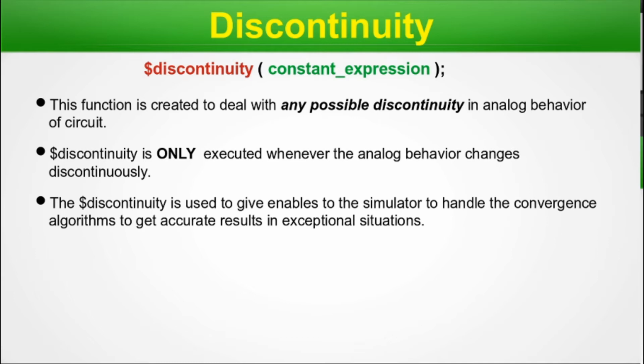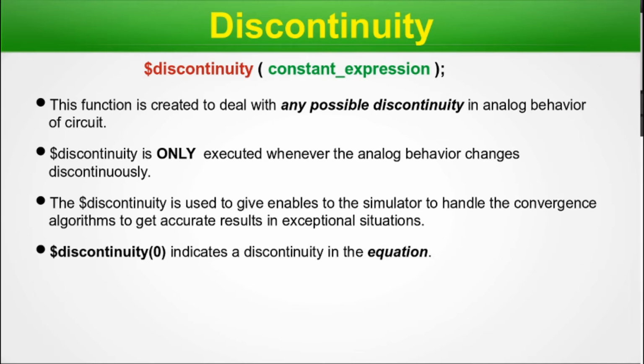Because it's an analog design, we know how and when the design will behave, and we will already know at some point that at t equal to t dash our circuit will be discontinuous. So we define this discontinuity well ahead so that the simulator does not struggle to converge.